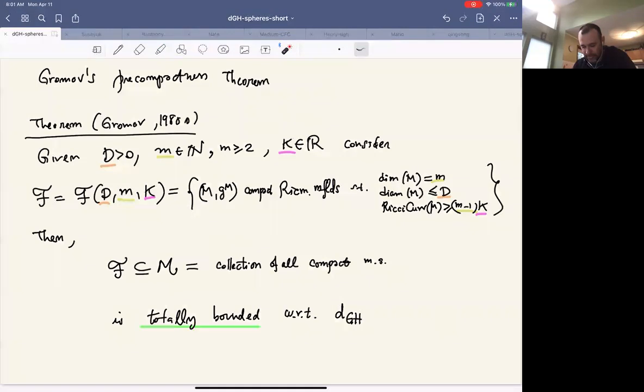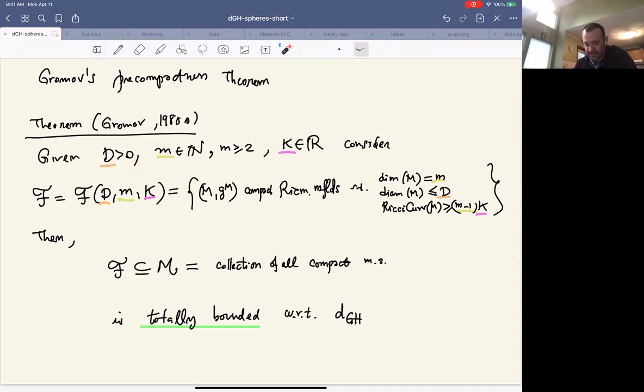If you have a positive number d, some dimension parameter m, and some real number kappa, consider the collection F of all Riemannian manifolds which are compact, have dimension m, diameter bounded above by d, and Ricci curvature bounded below by (m-1)kappa.